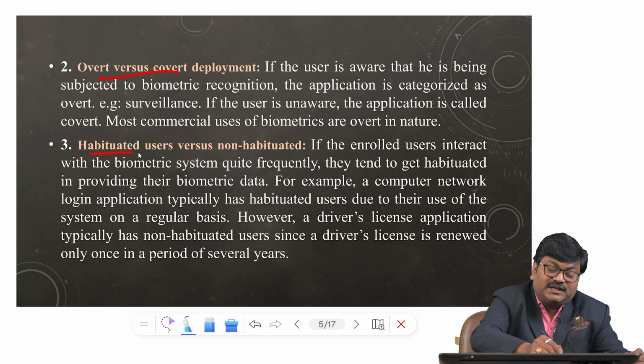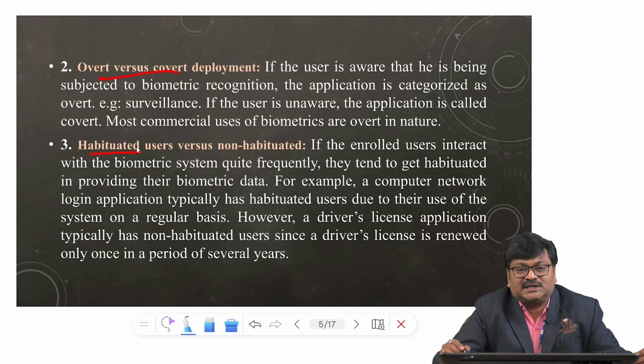And the third nature is related to habituated and non-habituated devices. Everyone, just like in software companies, will come across these scenarios.